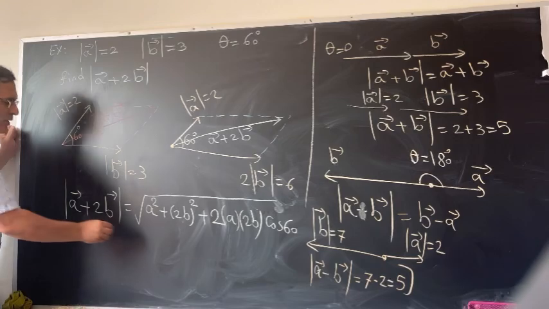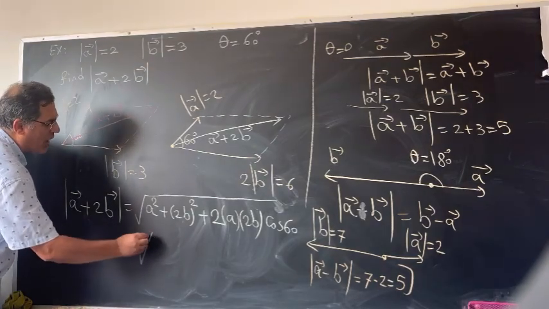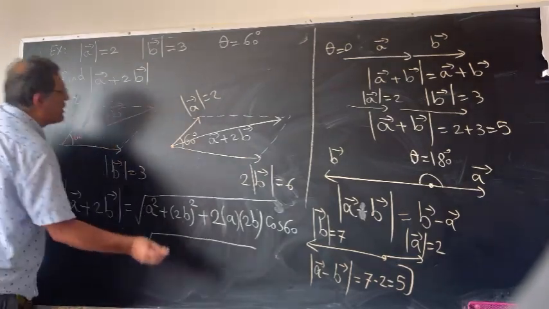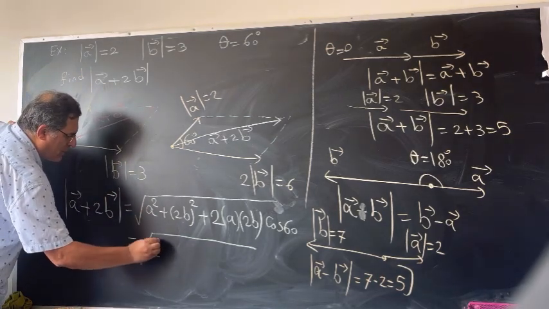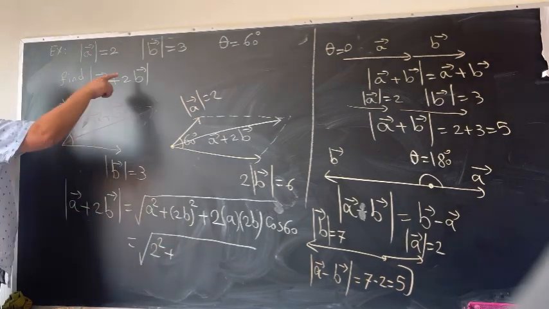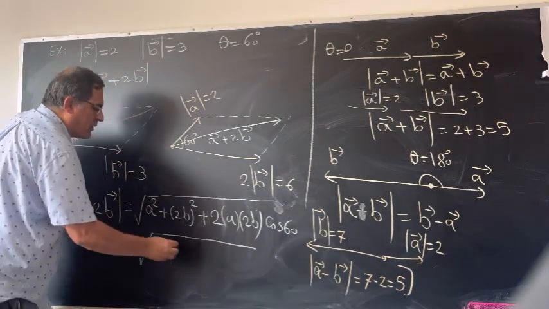So, it should be radical. Magnitude of vector A is 2 units. Vector B is 3 units, 2 times 3 is 6.